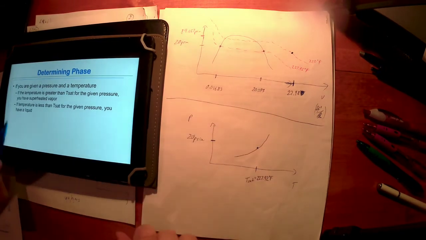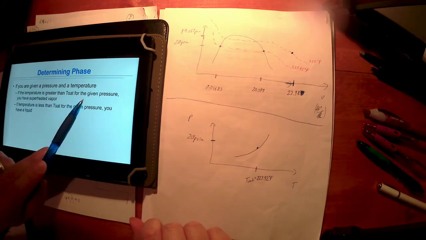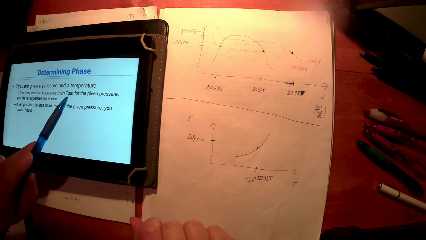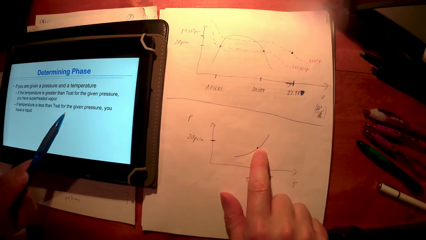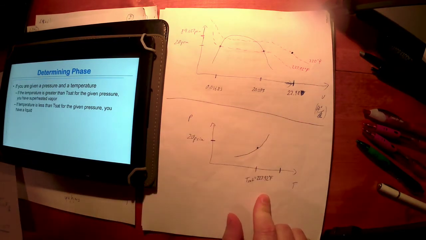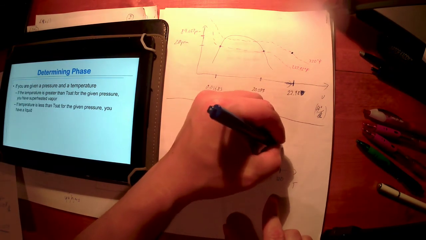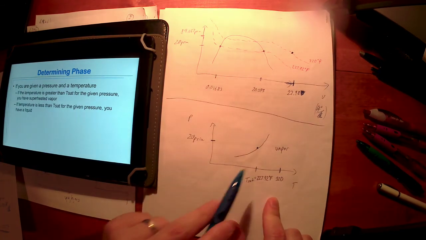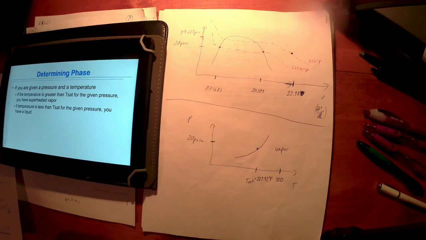So what this is saying is that if you look up the saturated temperature at your given pressure, and your temperature is greater than that value, out here at 320, that puts you in the vapor region. And if you have a temperature less than this, it puts you back here in the liquid region. All right, we'll come back on that.